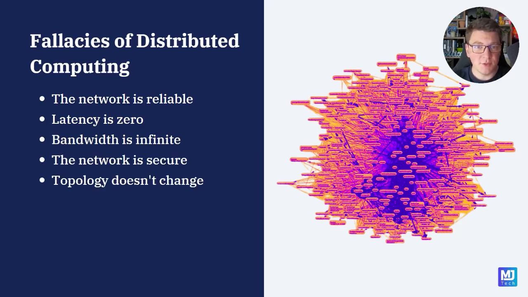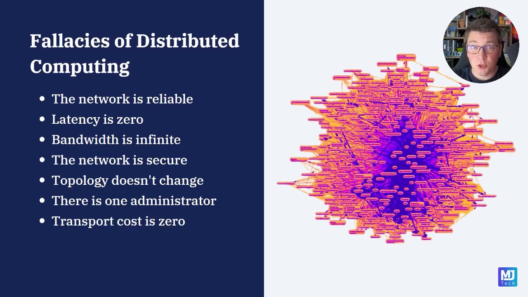Network topology never changes. There is always just one administrator for the entire distributed system consisting of dozens, hundreds, or thousands of different components. Transport cost is zero, or in other words, it costs you nothing to send data from one service to the other. Or does it? And the last fallacy of distributed computing is that the network is homogeneous.